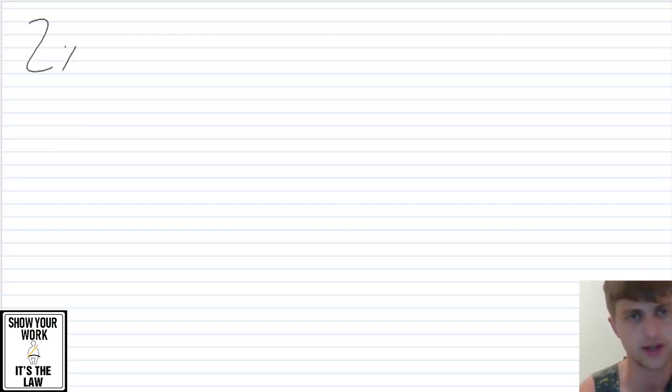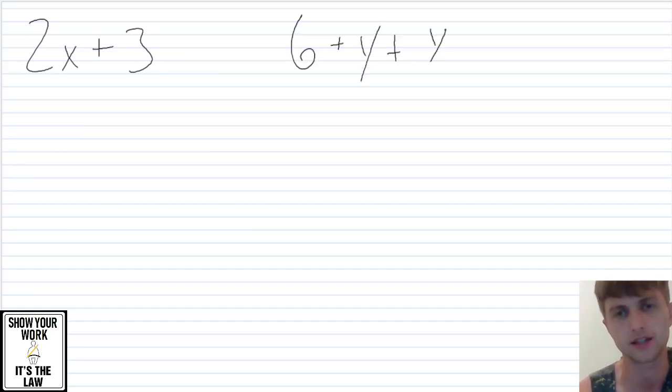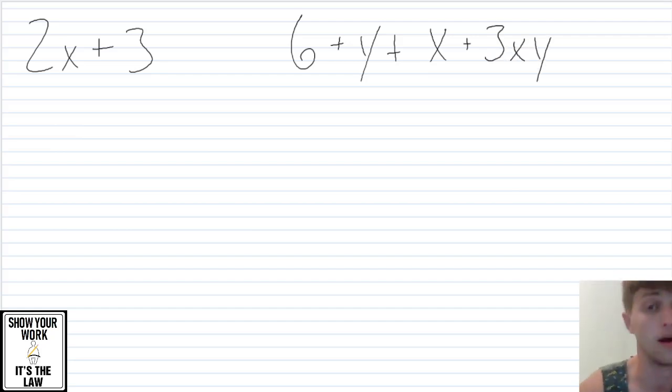For example, 2x plus 3, or we can have 6 plus y plus x plus 3xy, that's 4 terms in the polynomial, and then anything in between. But just remember, it's pluses and minuses that separate the terms, and however many different terms we have, that determines the length of the polynomial.